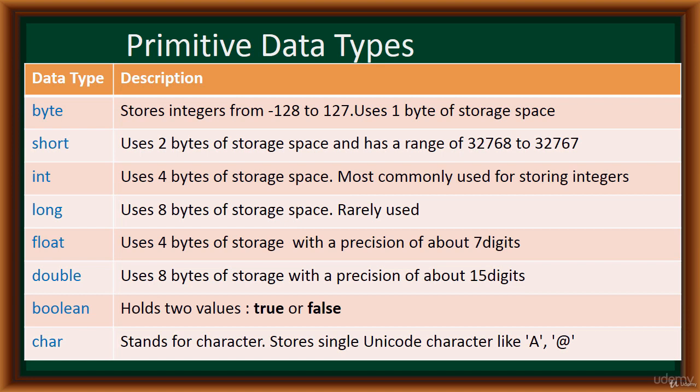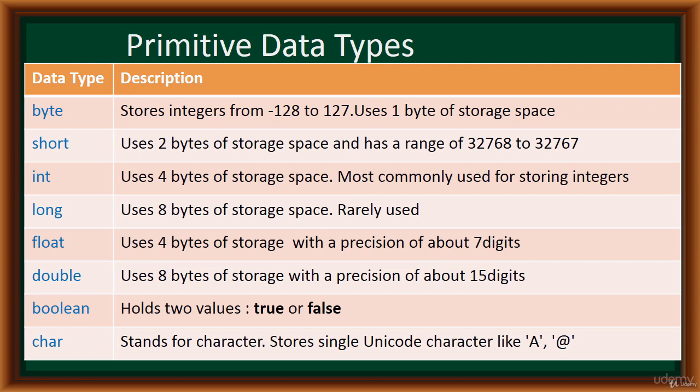The next data type is the integer. Basically, integers are numbers with no fractional parts. So the byte, the short, the int, and the long are all used to store integers, that is numbers with no fractional parts.